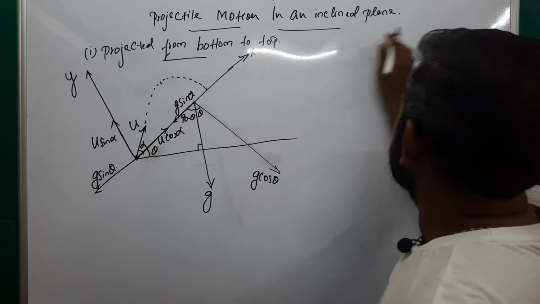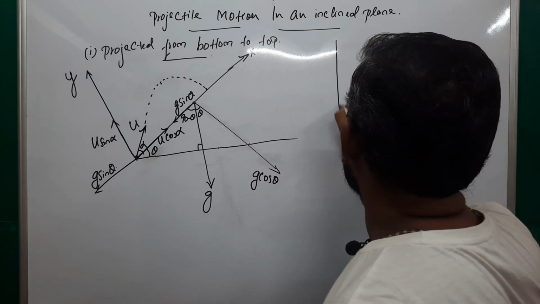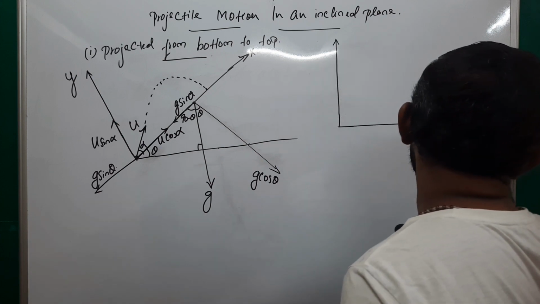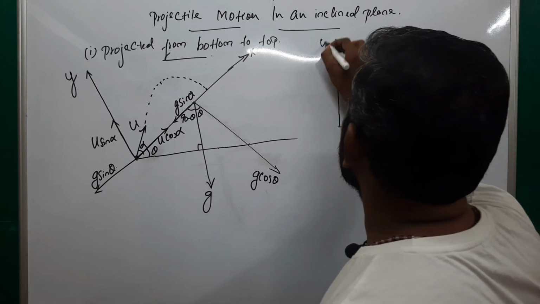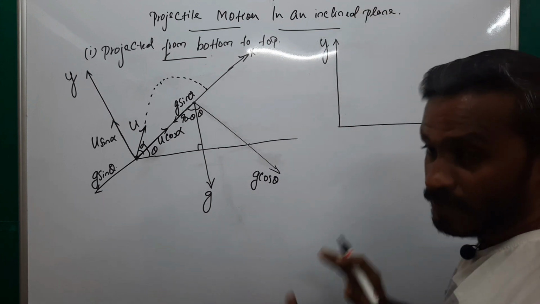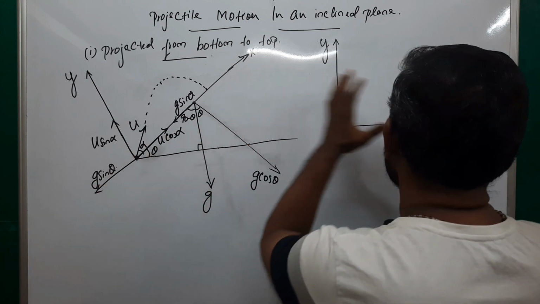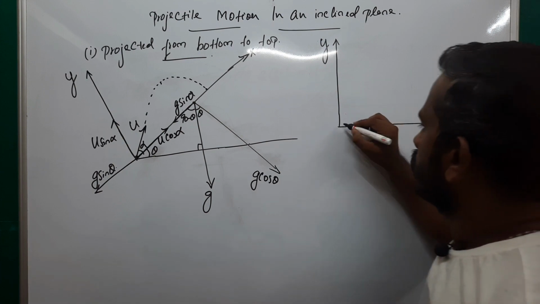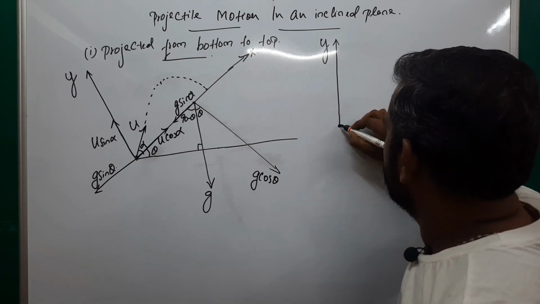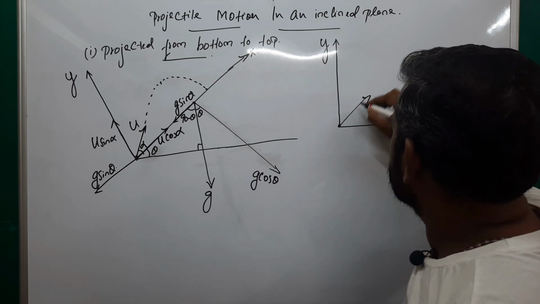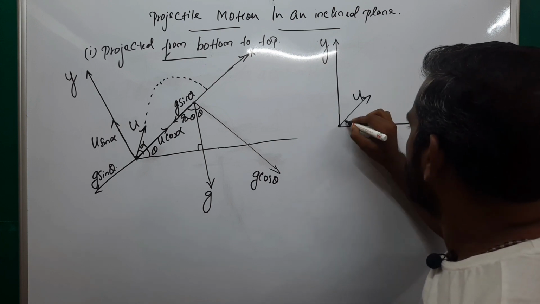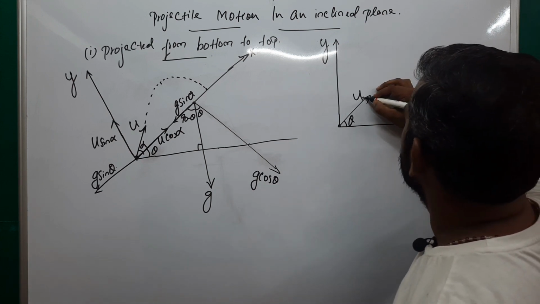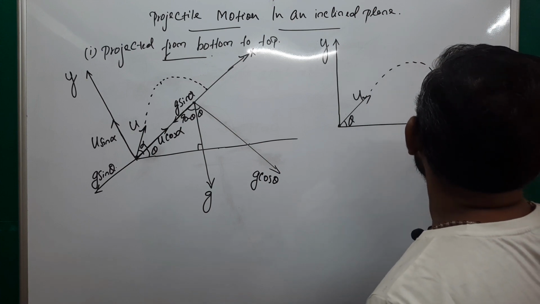Now, this is the x-axis and this is the y-axis on the inclined plane. I am drawing the x-axis and y-axis in this way. The projectile is projected with initial velocity u at an angle alpha, and it makes a trajectory like this.